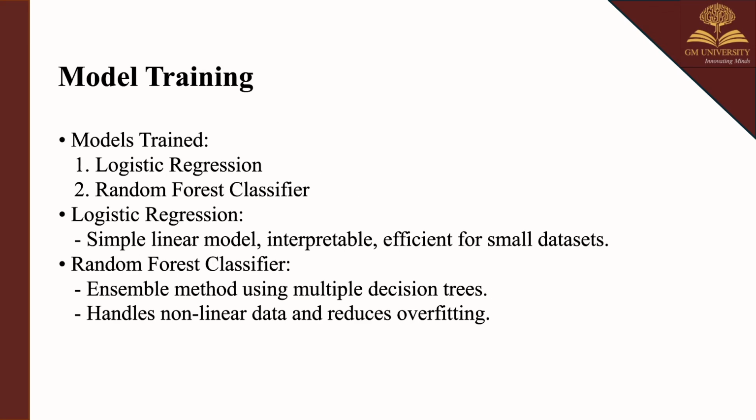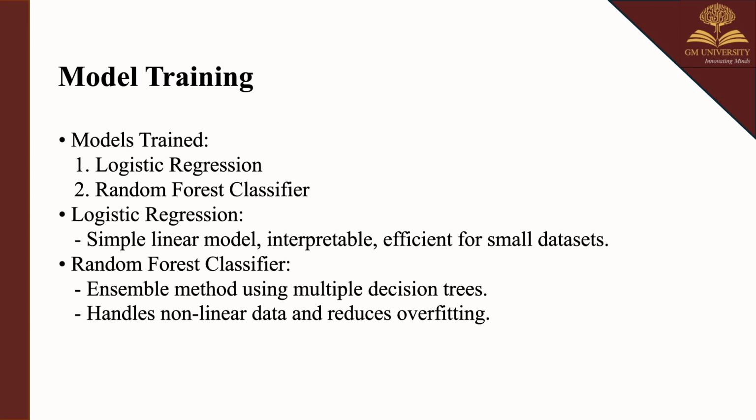Next is model training. We trained two models for this experiment, logistic regression and random forest classifier. Logistic regression is a simple linear model that is easy to interpret and works well for small and linearly separable datasets. On the other hand, the random forest classifier is an ensemble model that combines multiple decision trees.